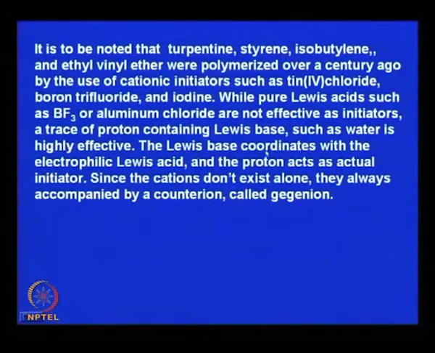The Lewis base coordinates with the electrophilic Lewis acid and the proton acts as the actual initiator. Since the cations do not exist alone, they are always accompanied by a counter ion called the gegen ion. So, now we are going to explain the principles of cationic polymerization.